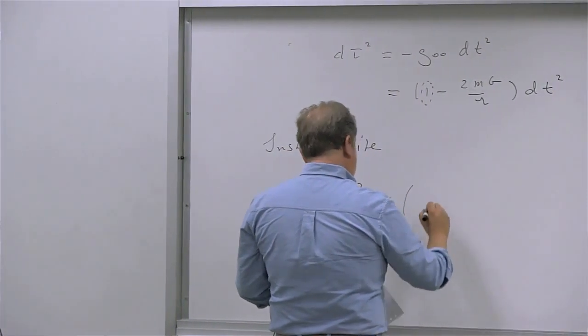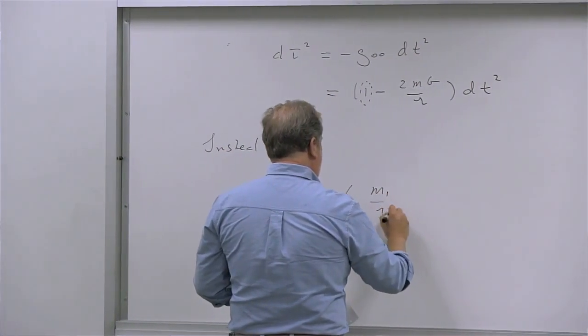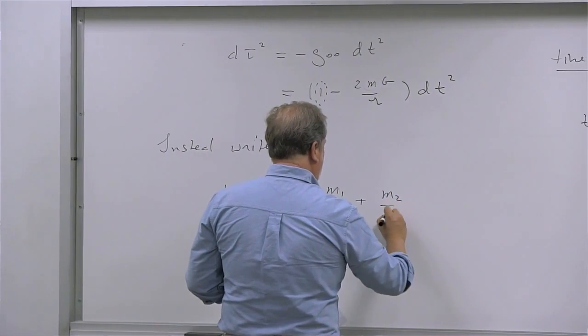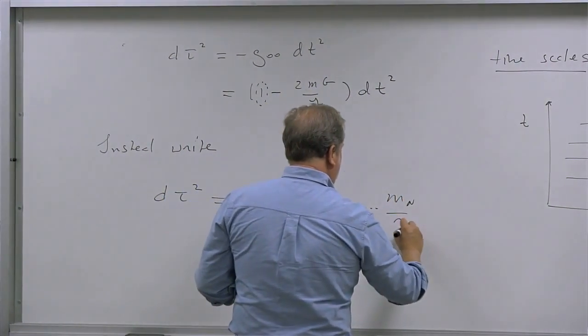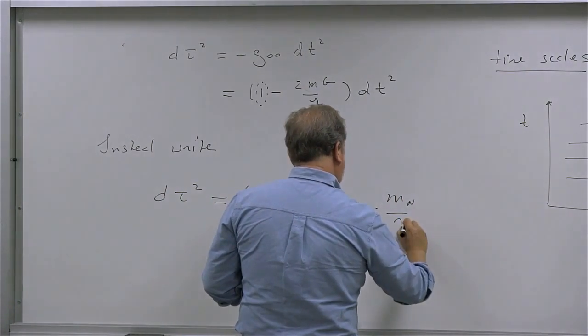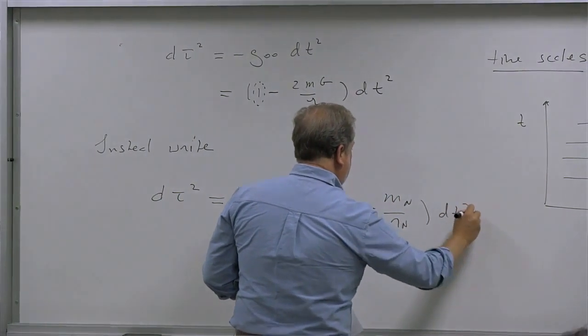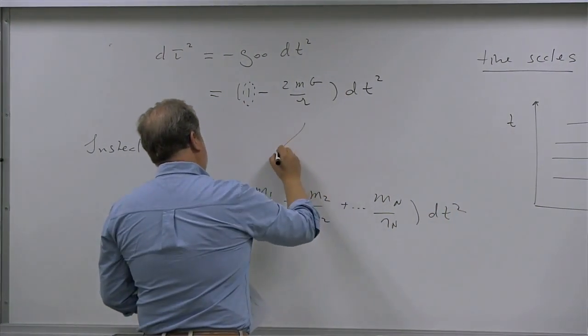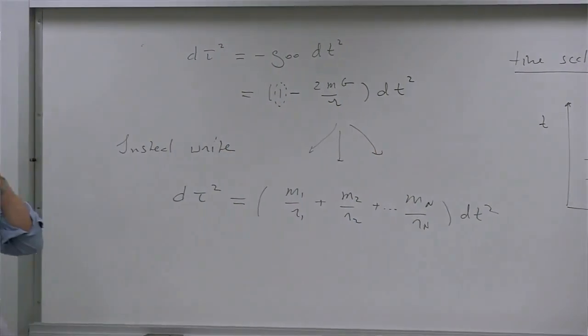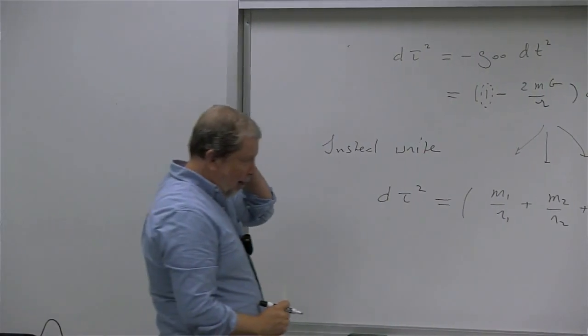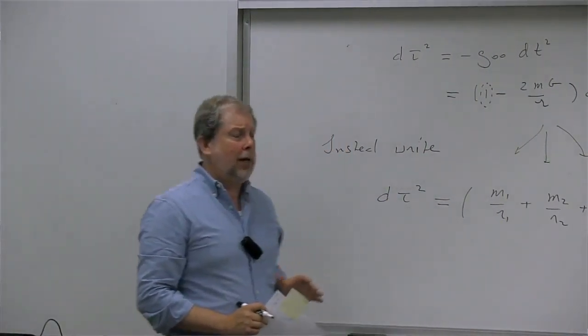So we will write it as m1 over r1 plus m2 over r2 plus dot dot dot mn over rn, right? And then times dt squared, right? So each one of these terms is kind of a remnant of what we had before, and we're going to be cavalier about the signs. We'll come back to that in a moment.